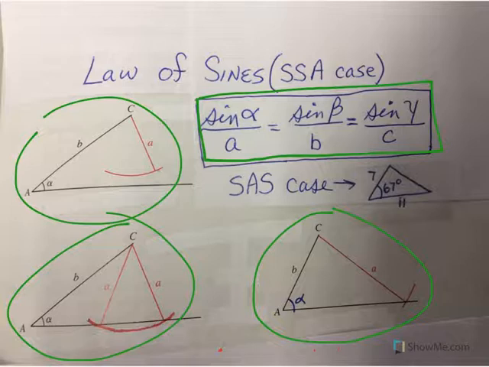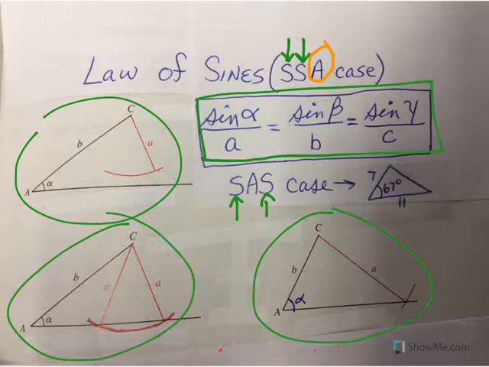Now, do not be confused, because this is two sides and an angle, and this also is two sides and an angle in between. The side-side angle and the side-angle-side both include, or you're given in the original problem, two specific sides and an angle, but the location of that angle is crucial.